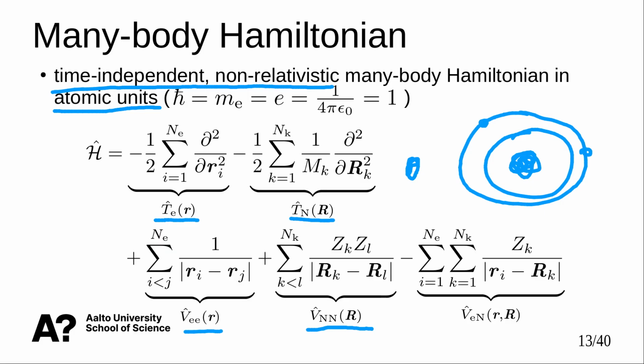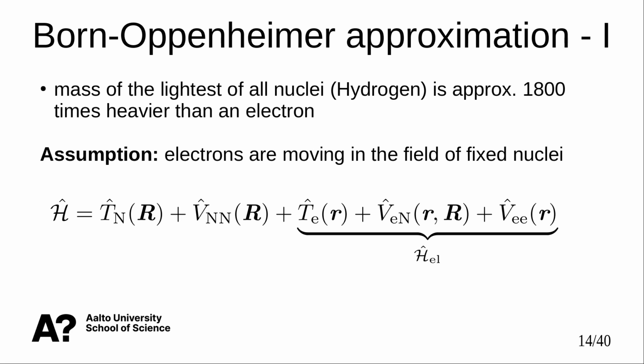So one of the most common approximations to solve the many-body Hamiltonian is the Born-Oppenheimer approximation. I would like to point out that the Born-Oppenheimer approximation is sometimes also called the adiabatic approximation, so you might find that one also in your books. And the idea is quite simple, because the electrons are way lighter than the nuclei, right?